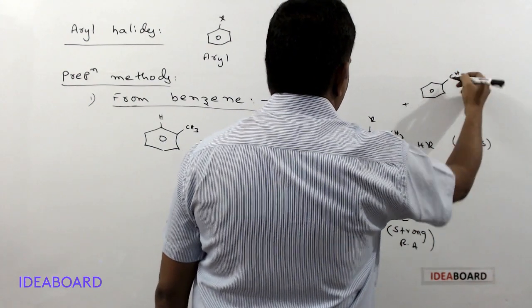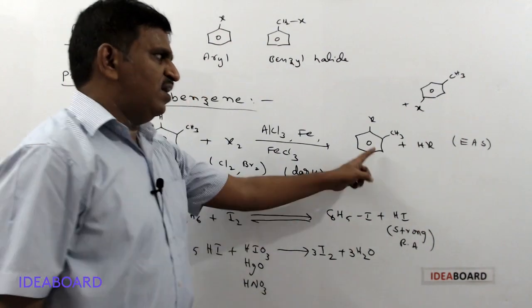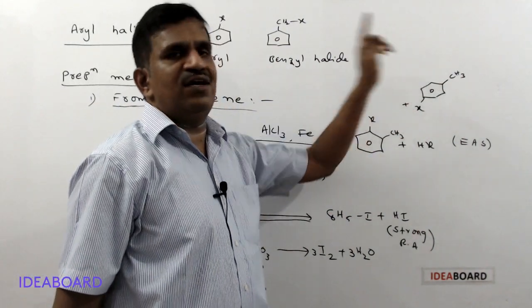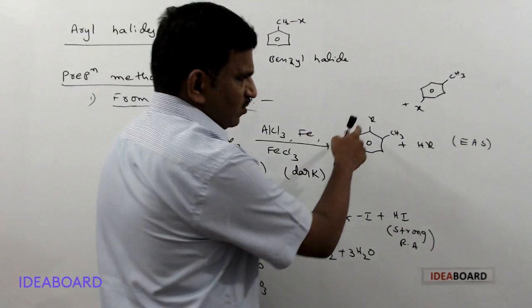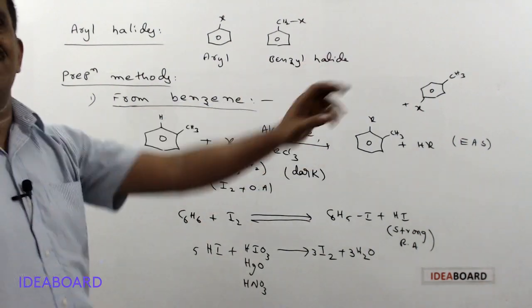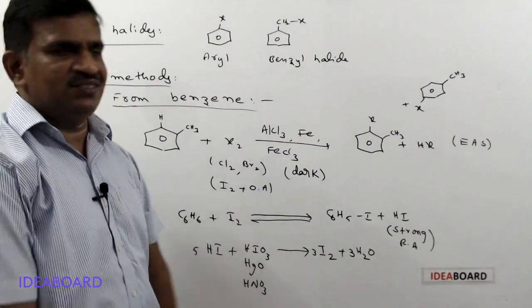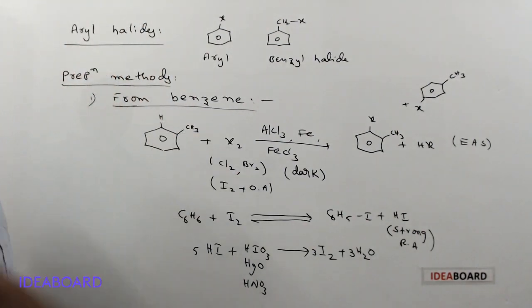This is the methyl group position, and at the para position is the halogen. So ortho-halotoluene and para-halotoluene are formed. They can be separated very easily because they have a difference in boiling points. So you don't worry about that separation.